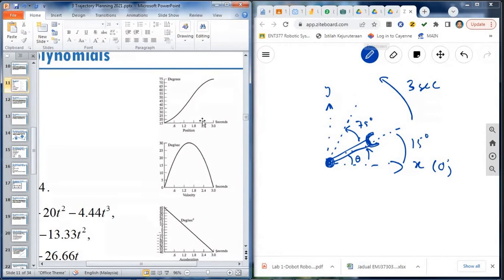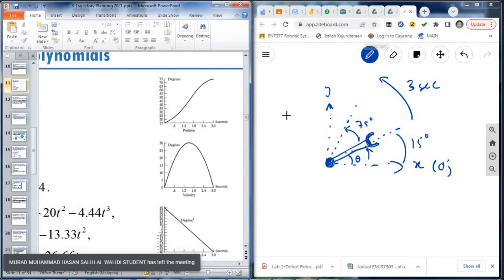So your x axis will be 3 seconds, and this is your position. This is 15, this is 75. This is the graph of your position.